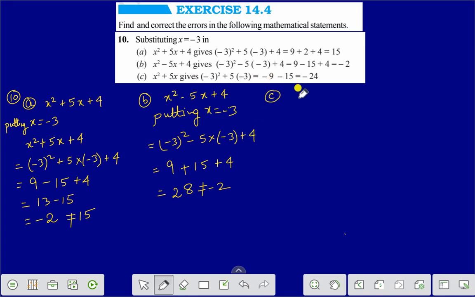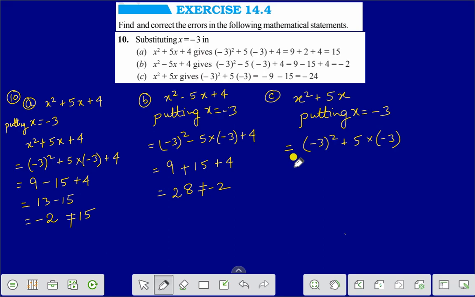Question number C is x square plus 5x. Putting x equal to minus 3, x is equal to minus 3, we are getting x square, that is minus 3 whole square plus 5 into minus 3.